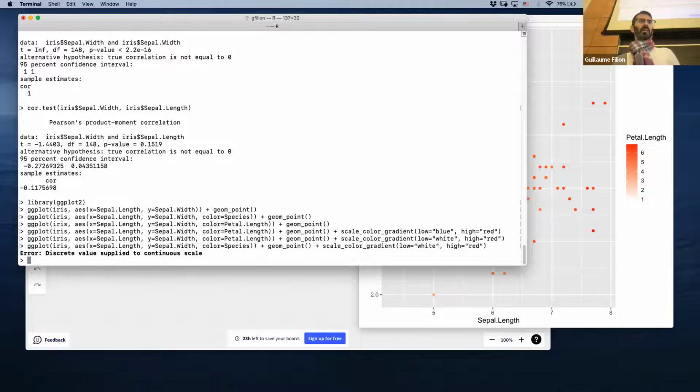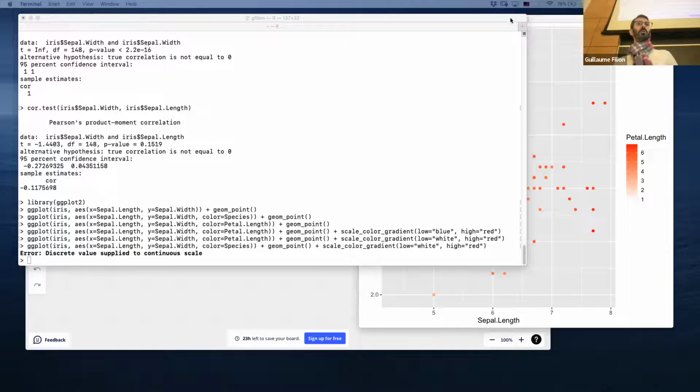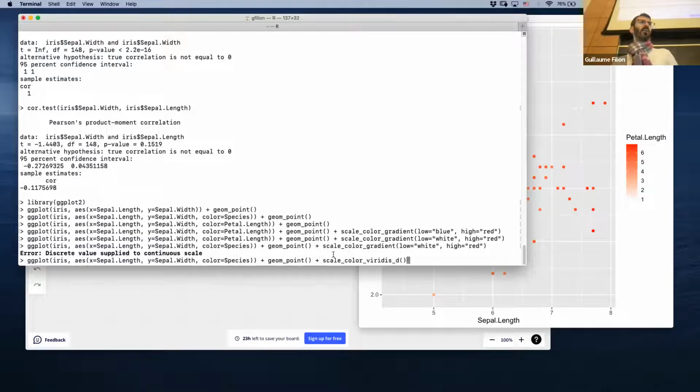Now, one thing: if you do have to use a color map because you're forced to, or because you really want to impress your audience, like, you know, the defense, your graduation or something like this, then please use the scale here, which is called viridis.